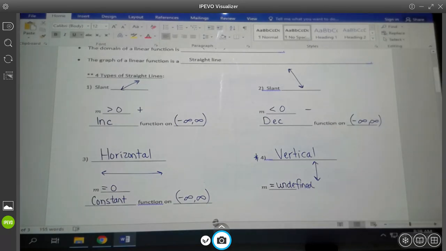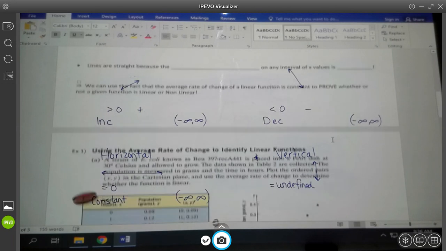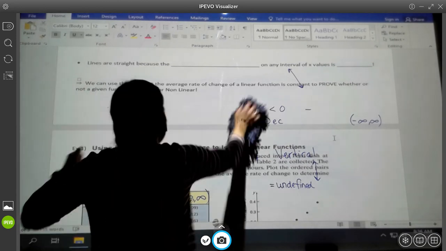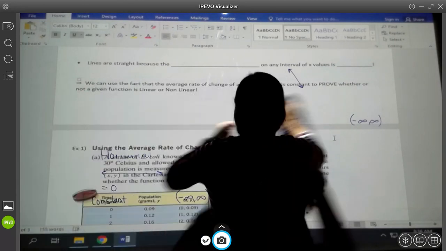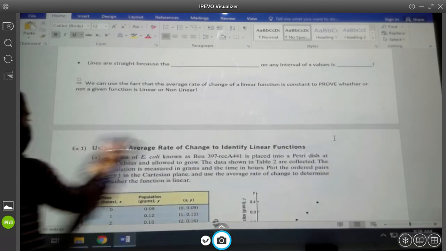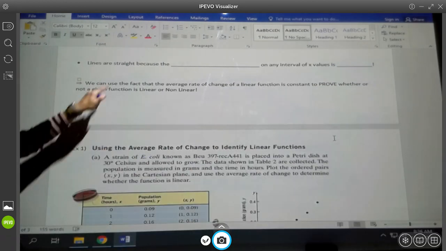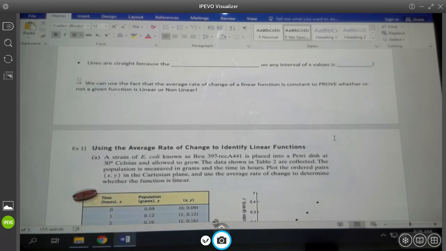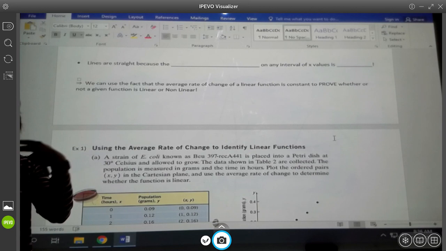All right. The best thing about a linear function is that it creates that straight line. And the reason it creates that straight line is because the slope, the average rate of change, is always the same. It always has the constant slope throughout any given pair of points on a line.